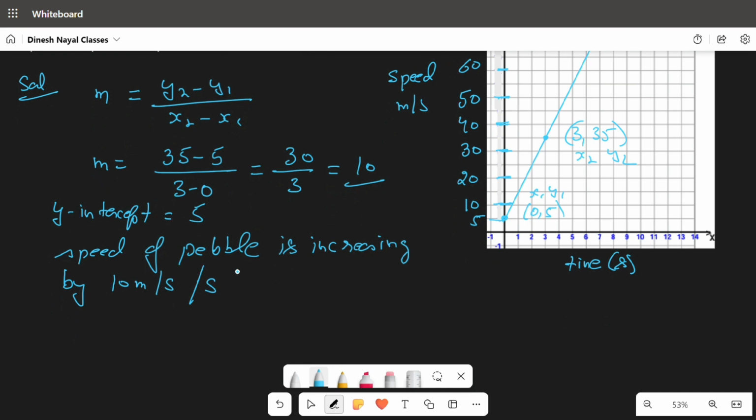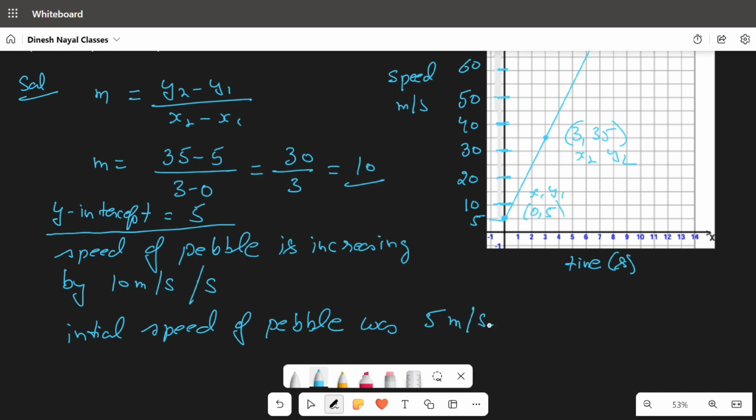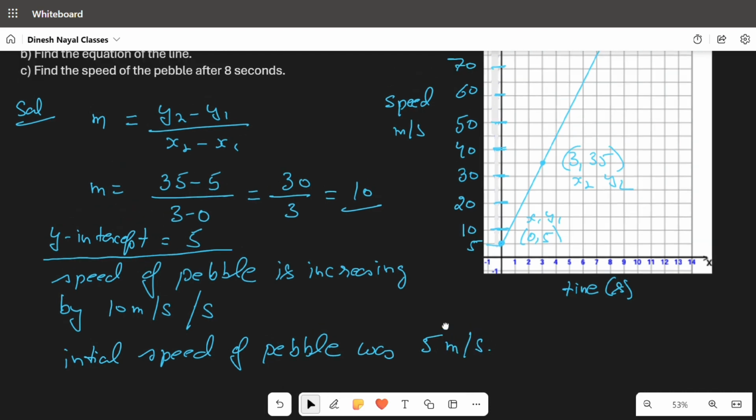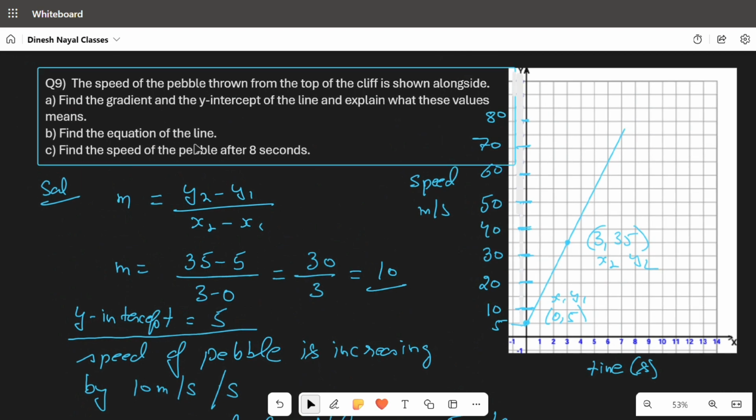Okay. And what do you mean by the y-intercept, 5? That means the initial speed of the pebble was 5 meters per second. Now come to the B part. Find the equation of the line.